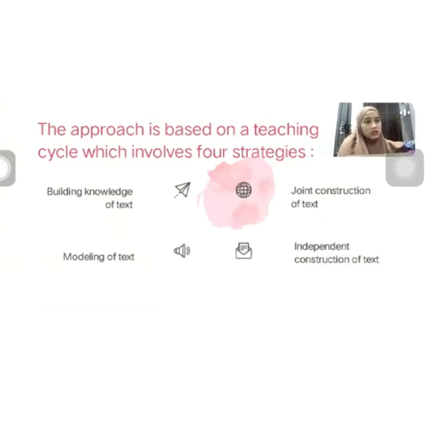And the last one, there is independent construction of text. Activities at this step enable the learners to contribute the knowledge of the field in the shared construction of the text with the social function and then generic structure and grammatical features in group.